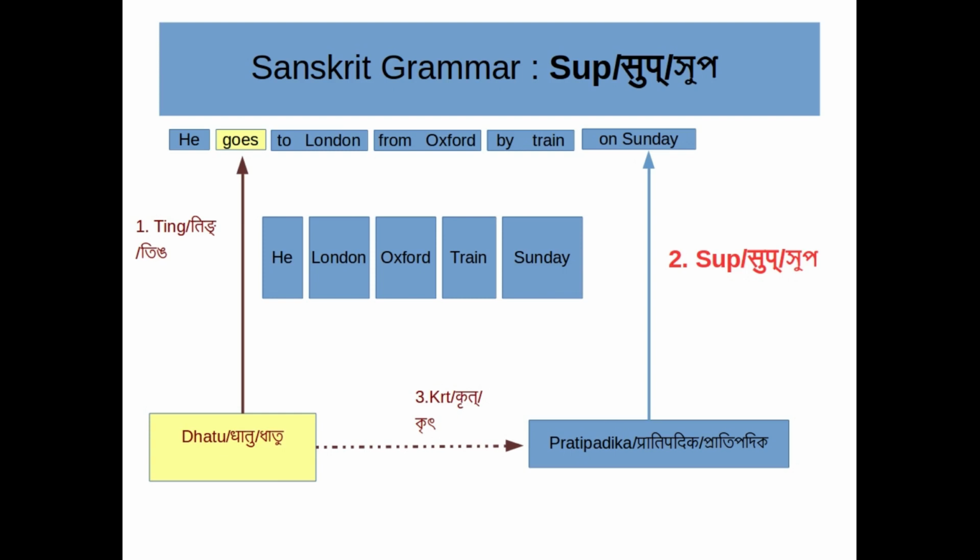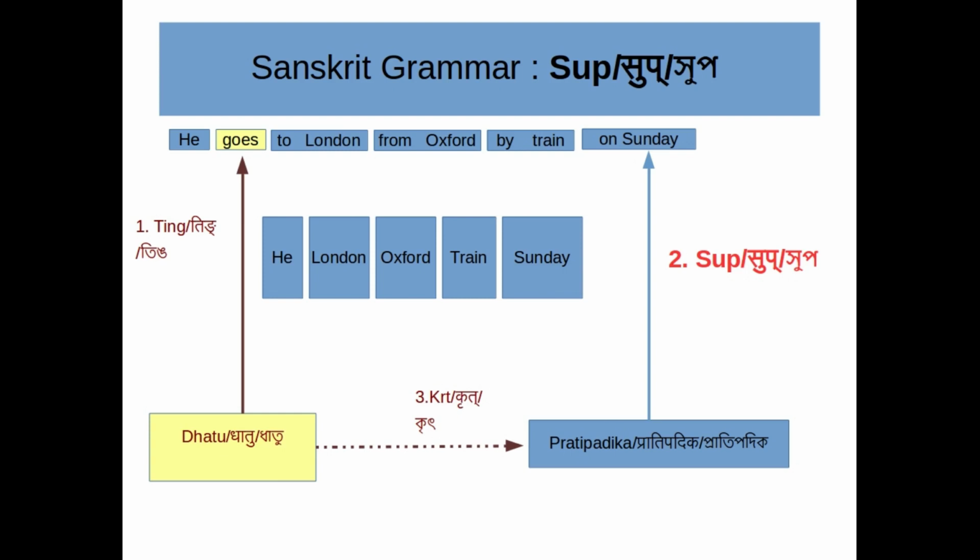we more or less got some idea about the treatment of the verbs. So in this sentence, the verb is go. Which tense? It is present tense, lot. Who goes?